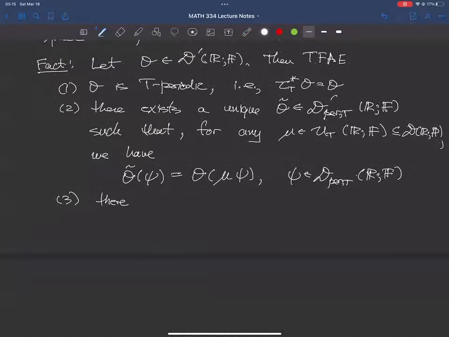Okay, there exists a unique theta tilde again, periodic.